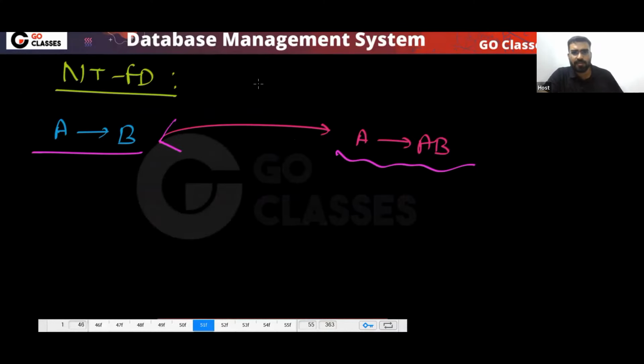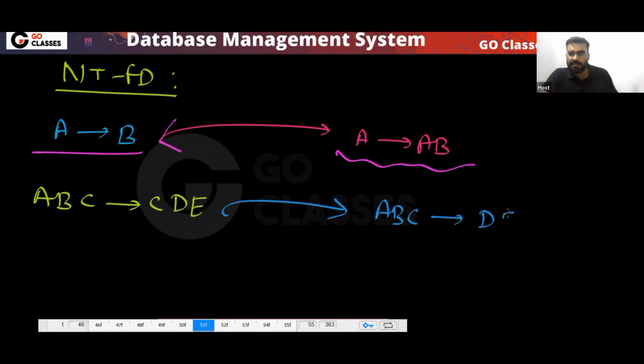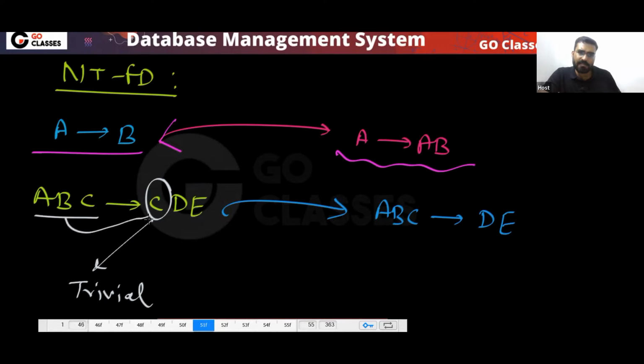For example, if you have A, B, C determining C, D, E, then I can write it as A, B, C determining D, E. The part C is trivial, so you can remove it. So you can notice this is a two-way.